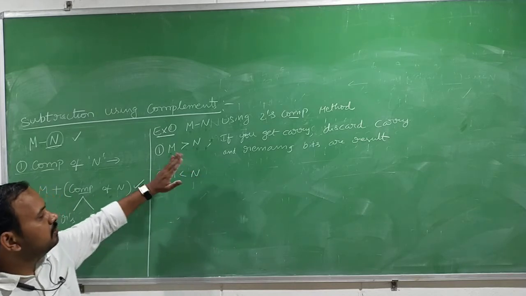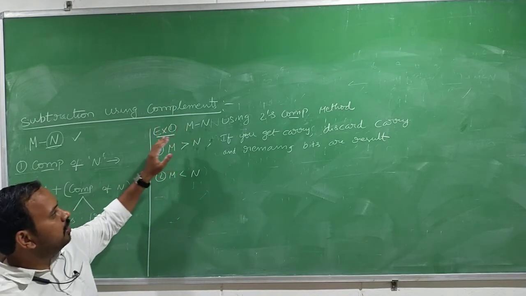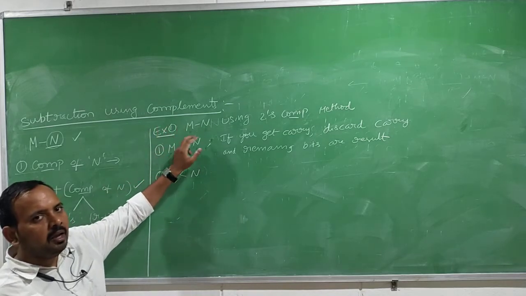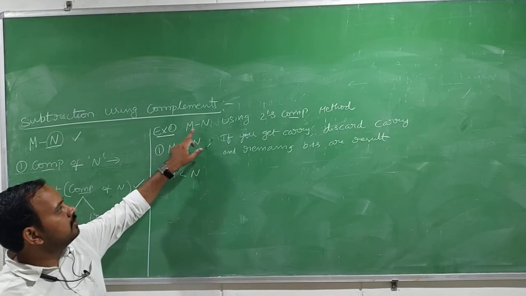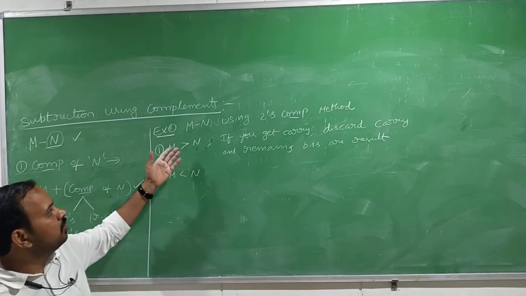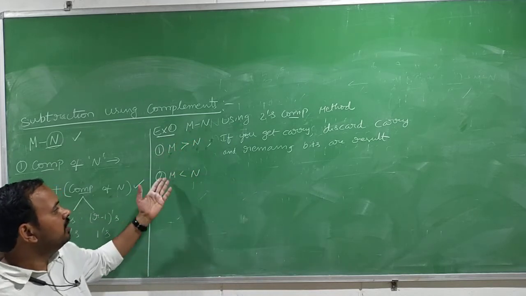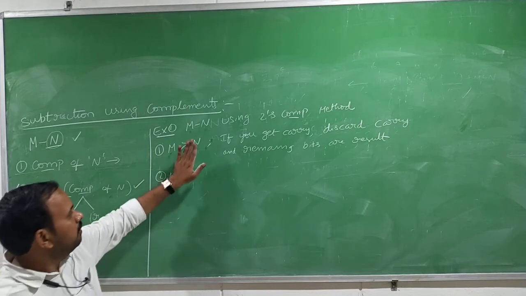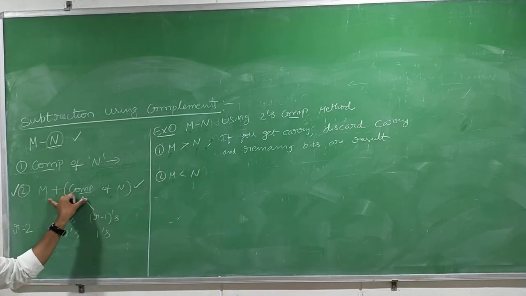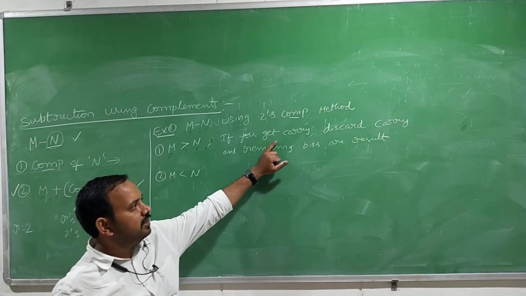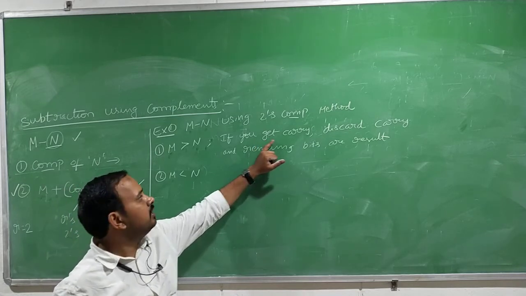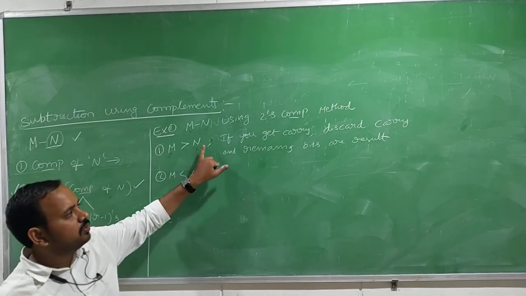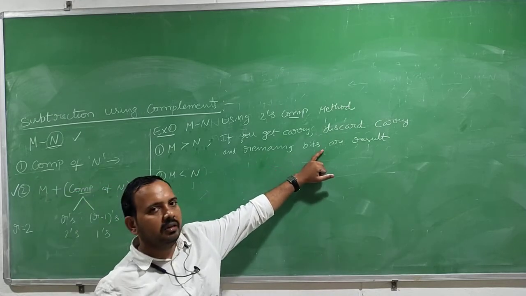Normally, if we are performing m minus n in binary, by looking at the m and n numbers you don't know whether m is greater than n or less than n. So by performing this step, if you get the carry in the result, then you can understand that m is greater than n, and in that case simply discard the carry.